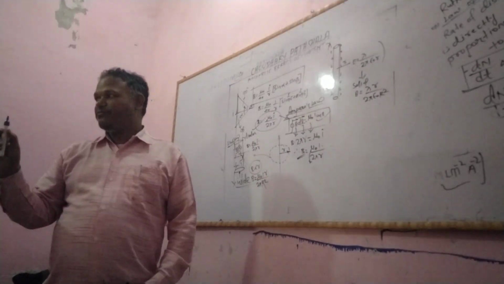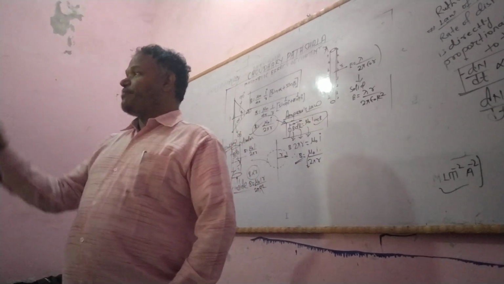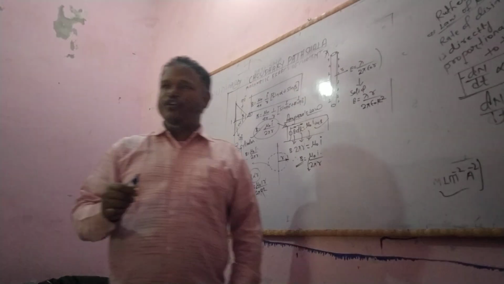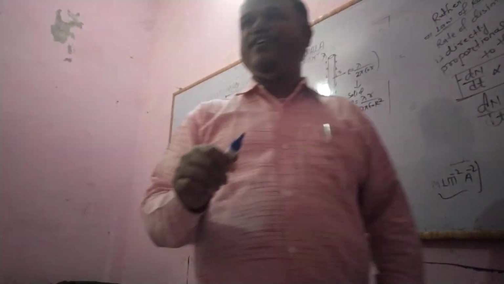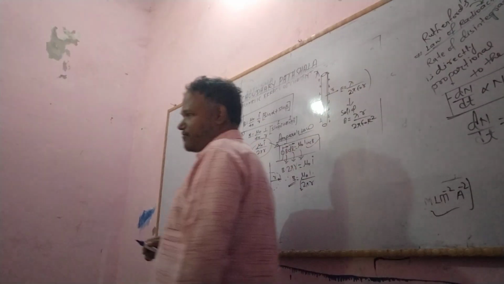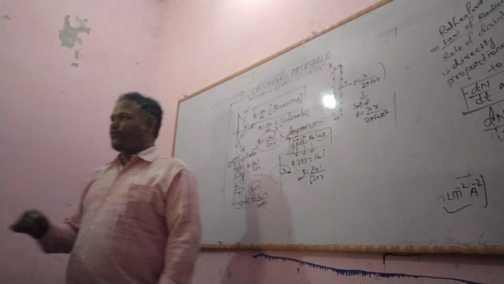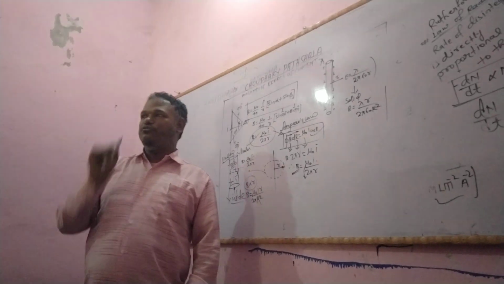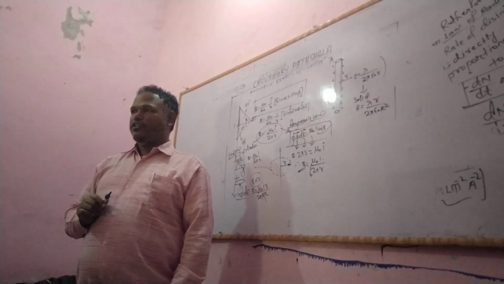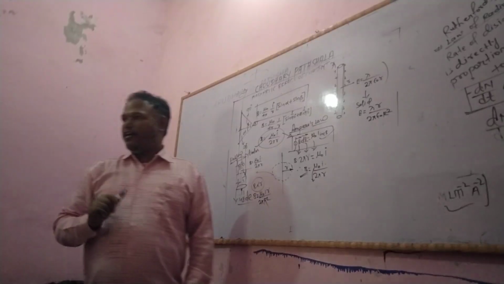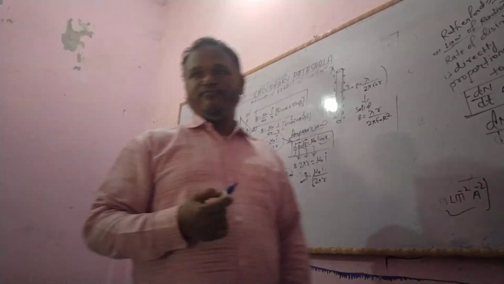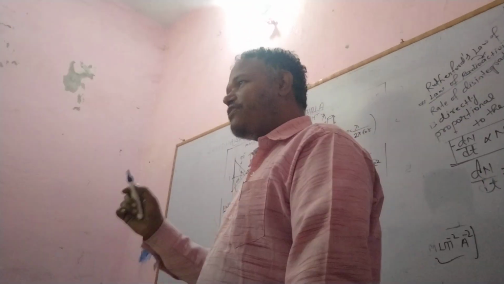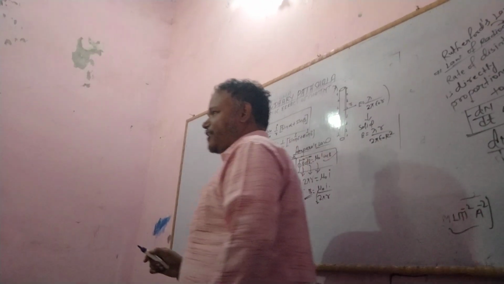If electric field or magnetic field is asked inside a solid sphere or solid cylinder, it will be directly proportional to R. And outside the cylinder, it is directly proportional to 1 by R, whether electric field or magnetic field.